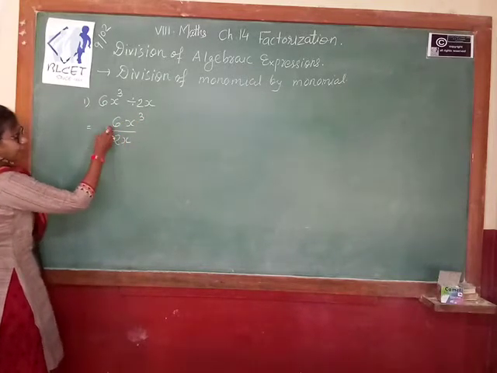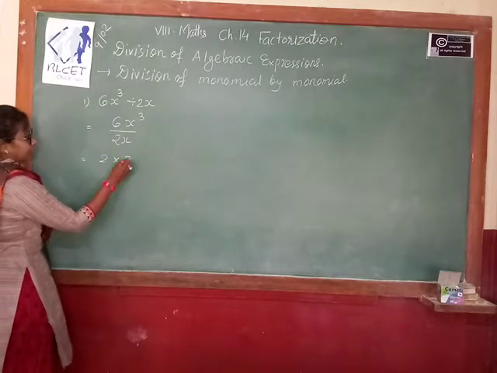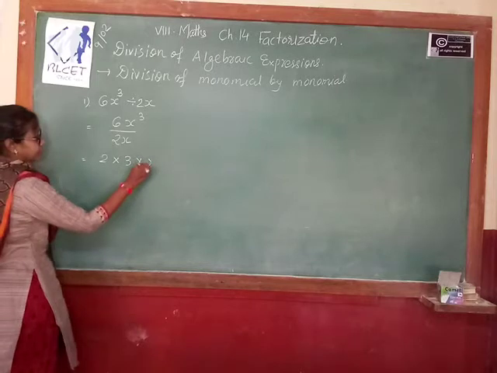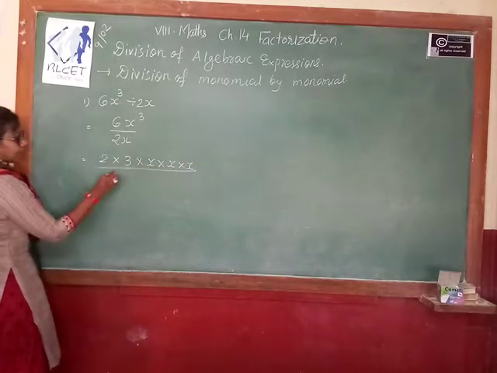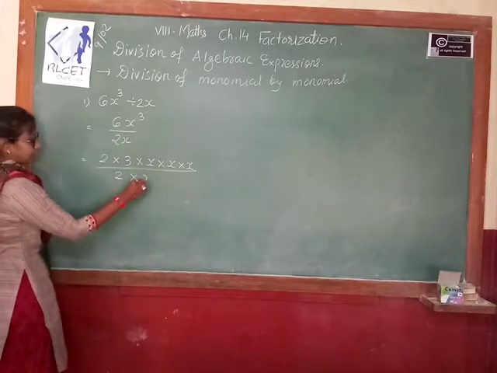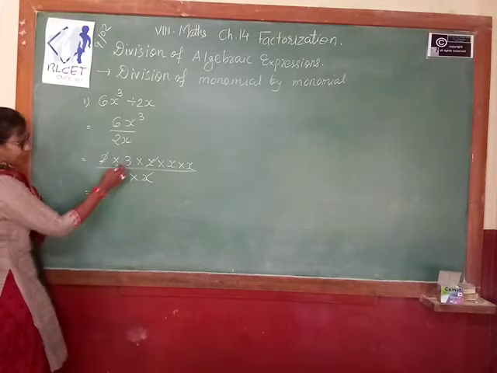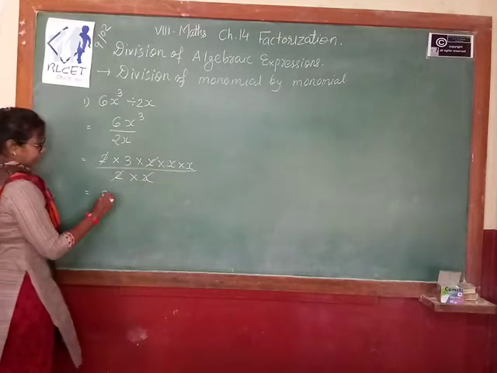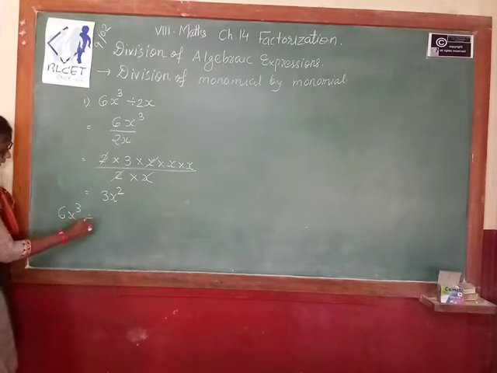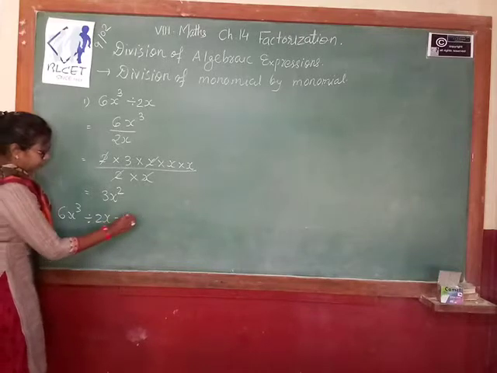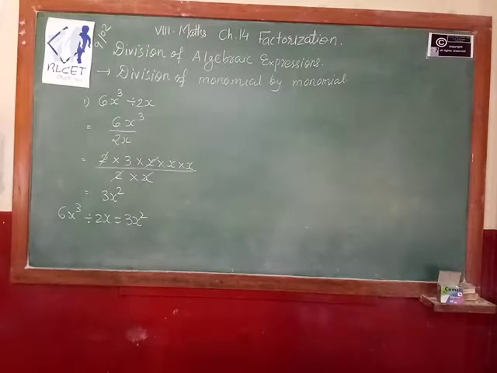What we will do is find the factors of 6x cube, that is 2 into 3 into x cube, meaning x into x into x. So 6x cube divided by 2x is equal to 3x square. So this way we can do the division of monomial by monomial.